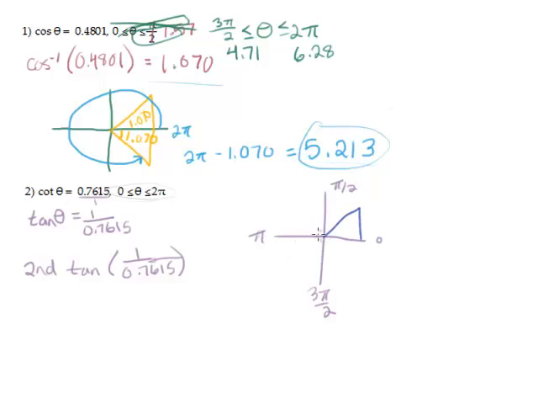Tangent is positive in the first quadrant, all smarties take. Tangent is positive in the third quadrant. So these are the two places where our triangle can be. We go ahead and use our calculator in radian mode to do inverse tangent of 1 divided by 0.7615.